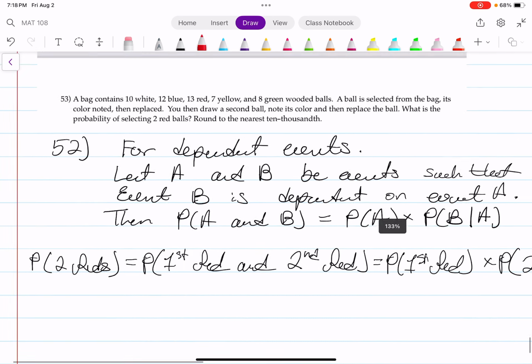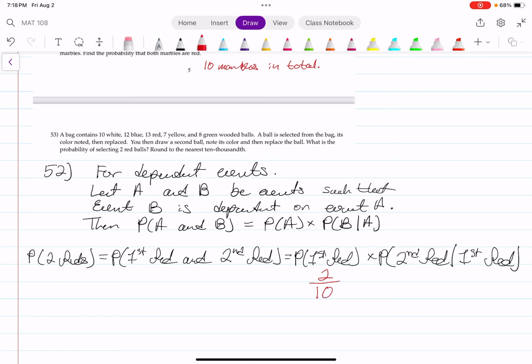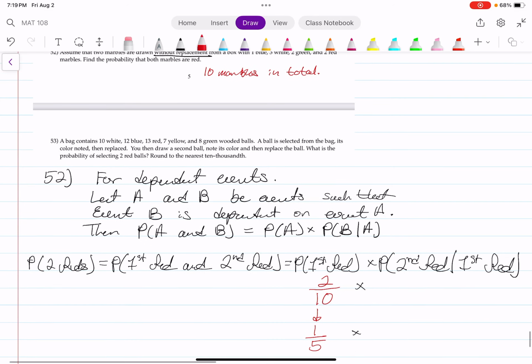So the probability that the first marble is red is 2/10, 2 red marbles out of 10 marbles in the box. I'm going to reduce this fraction from 2/10 to 1/5. Now we're going to multiply that with the probability the second one is red, given the fact the first one is red.